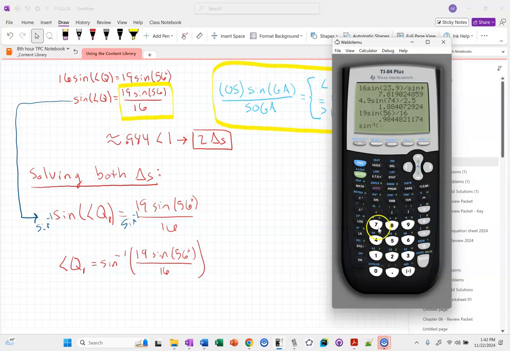So I'll just go to my calculator now, start typing this in. So I get about 79.9.